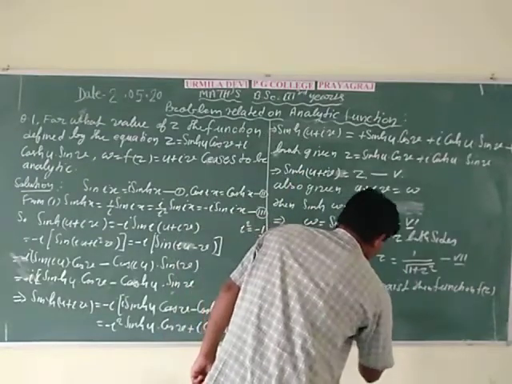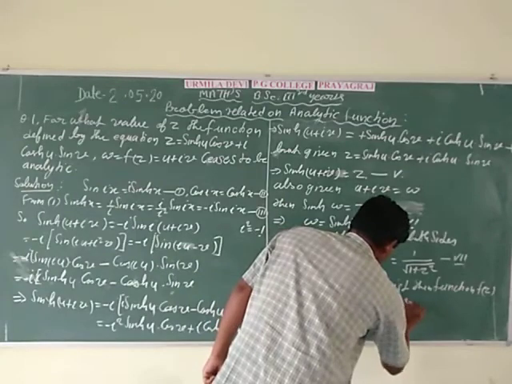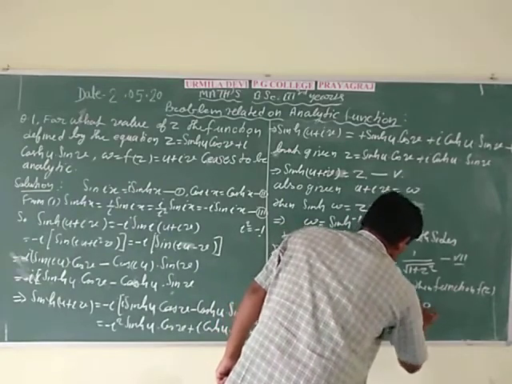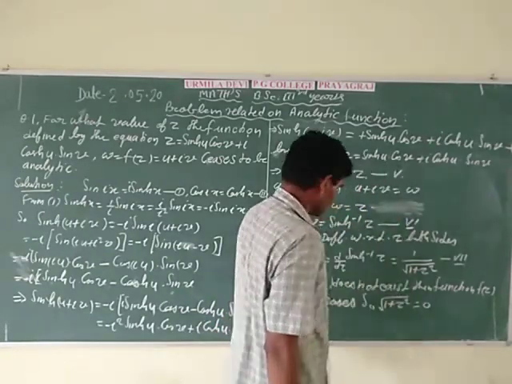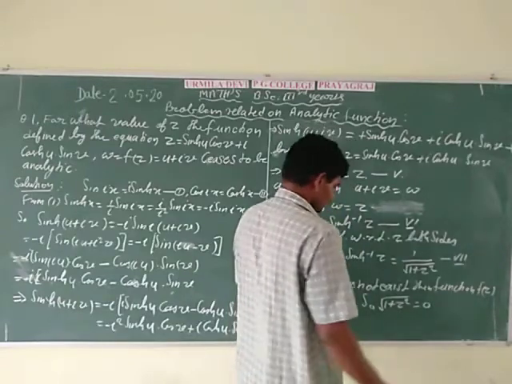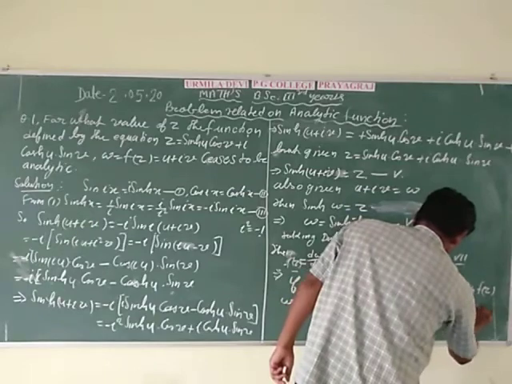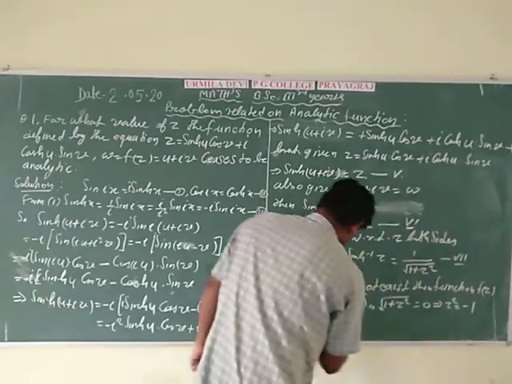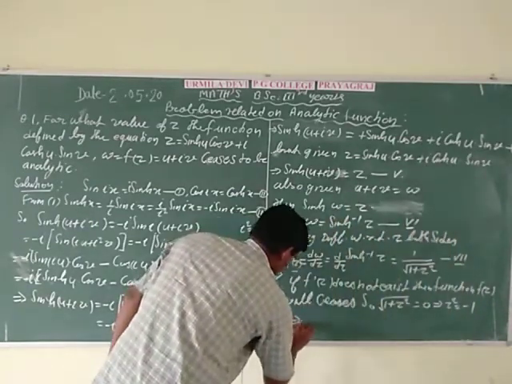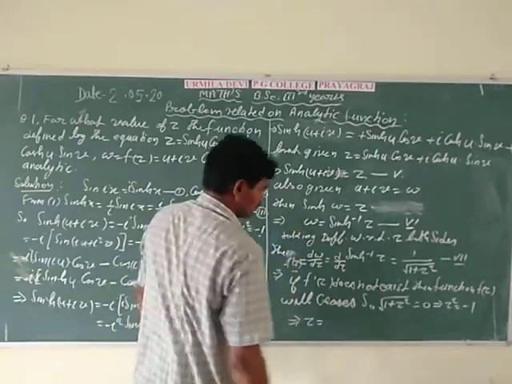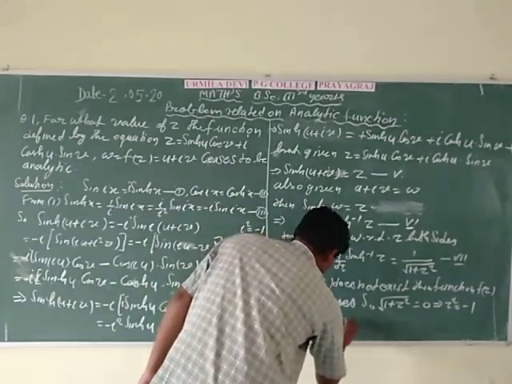So putting 1 plus z square in under root is equal to 0. Taking square root on both sides of this equation, z square is equal to minus 1, and after this the value of z is equal to plus minus i.